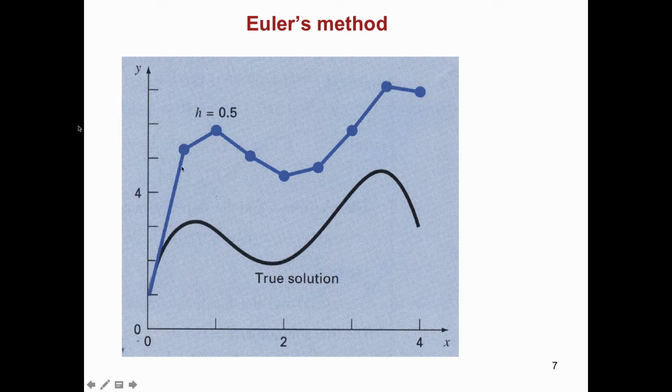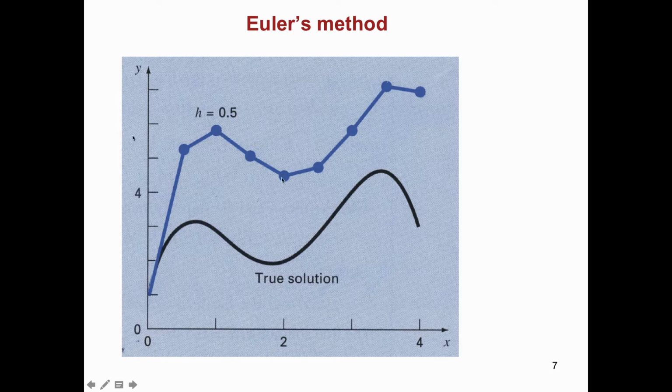So here, discretization is h equal to 0.5. Then my value at this point is this value plus this slope, which is f of xi, yi here, times this h. So that's what takes me here.